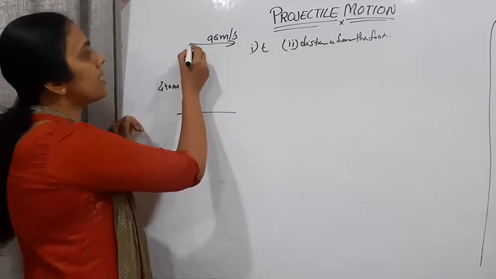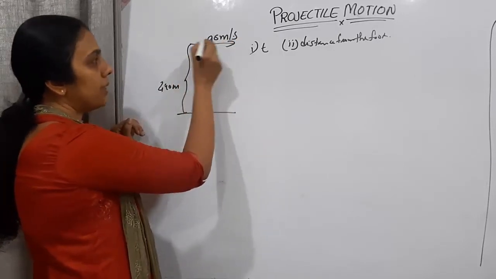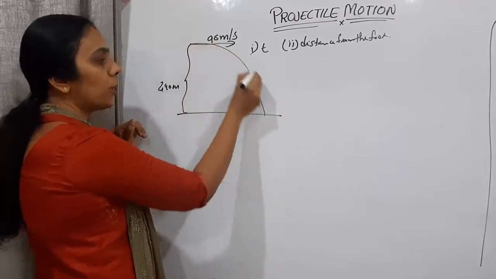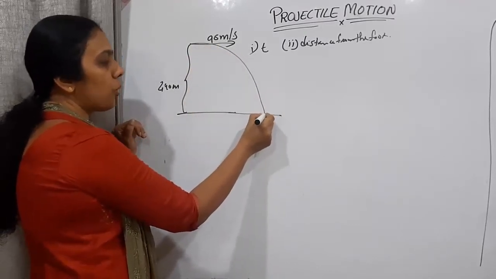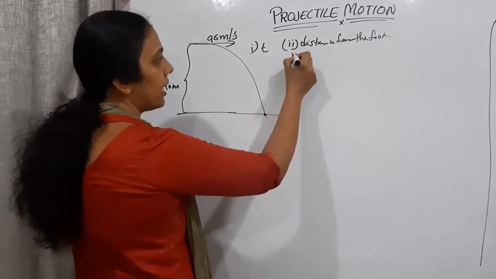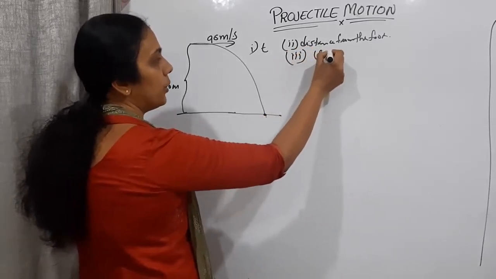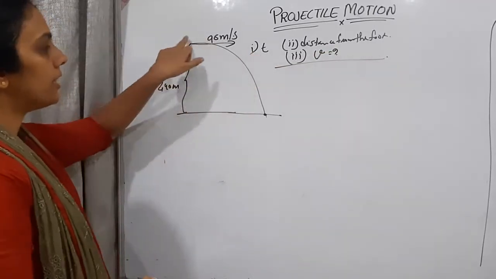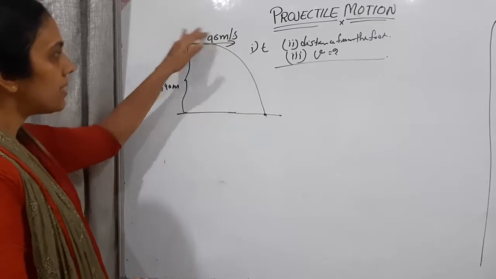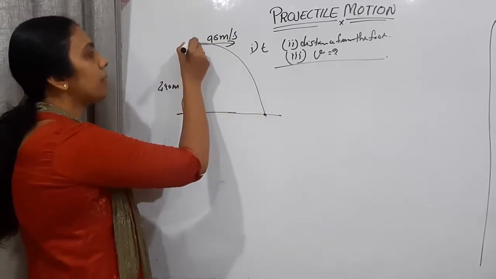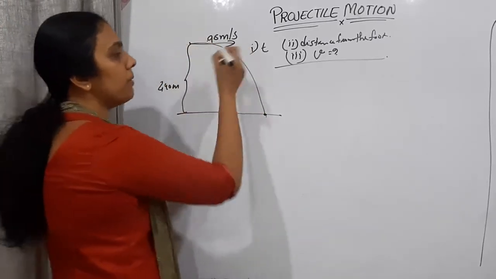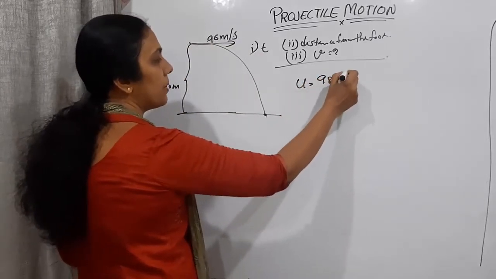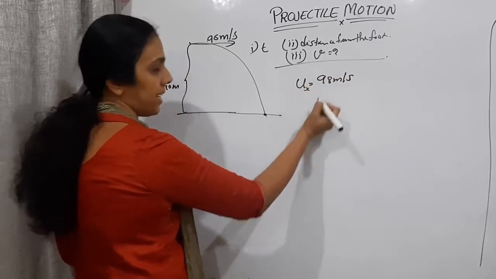The object is thrown with a velocity of 98 meter per second and it will be moving like this, horizontally. At this point, what will be the velocity? That is the final velocity we need to find out. First, the time it takes to reach the ground. Here it is starting with a particular velocity, so the initial velocity is u equals 98 meter per second, acting along the x-axis.